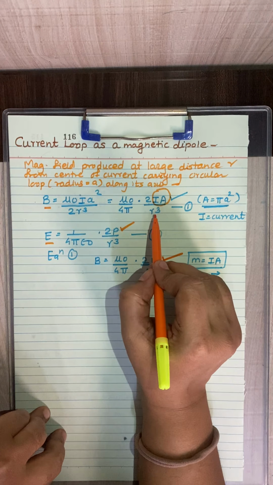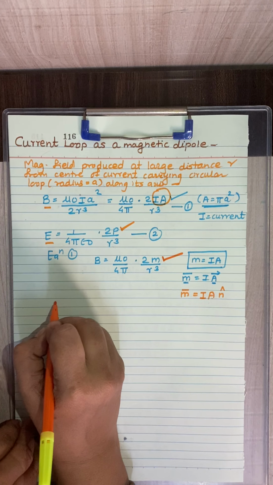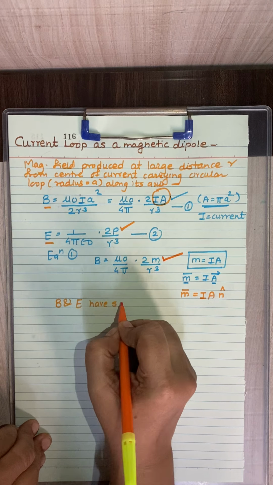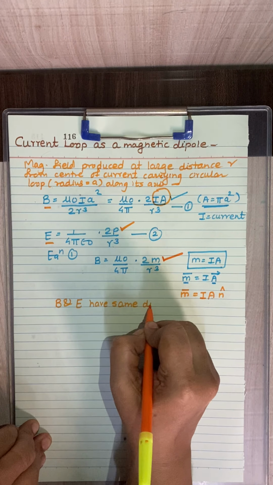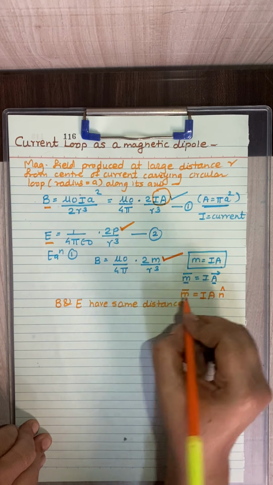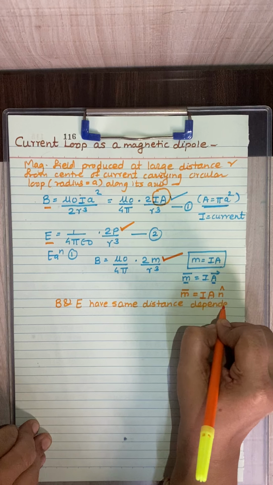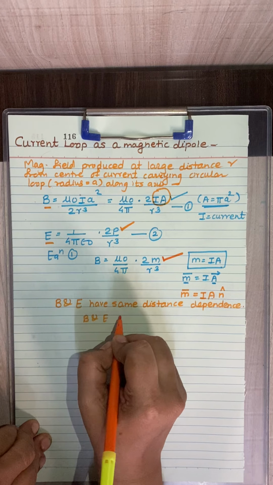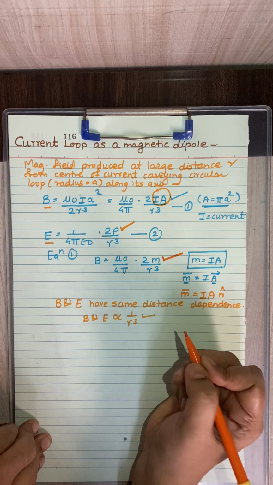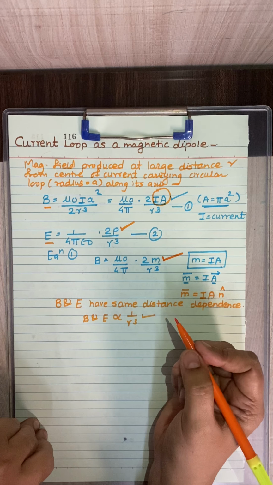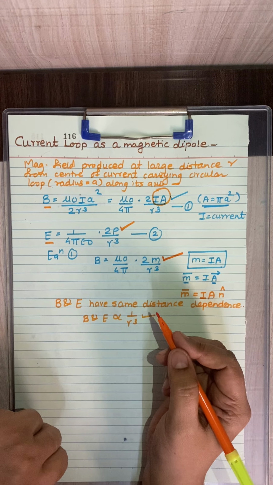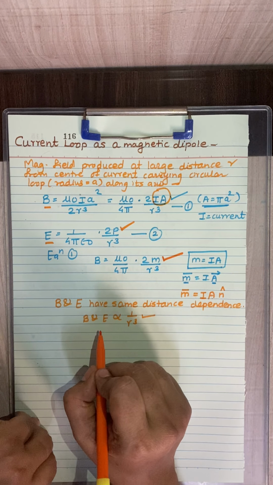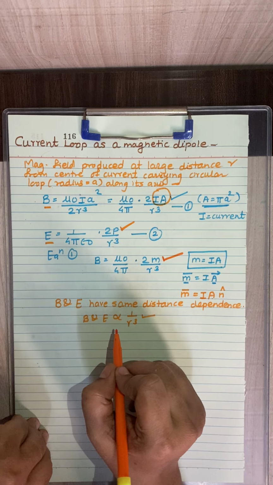B and E are inversely proportional to r cube, so I can write here B and E have same distance dependence, that is nothing but B and E are directly proportional to 1 upon r cube, isn't it? Now they have the same direction at any faraway point, not just on the axis. This explains that the circular current carrying loop behaves as a magnetic dipole of a magnetic moment.